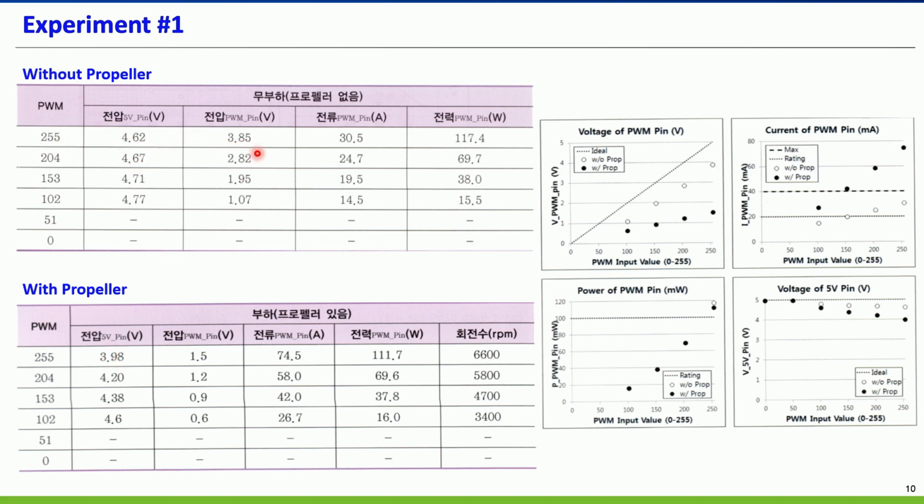Without propeller, if you give 5 volts at the pin, it is about 4.6, and this one 3.9, and if you give the voltage from the PWM pin, the voltage will drop to about 3.85 volts, and with propeller the voltage is around 1.5 volts, and so on.